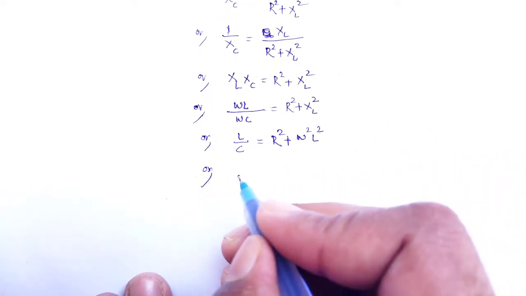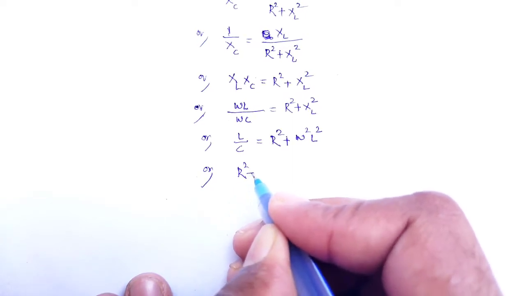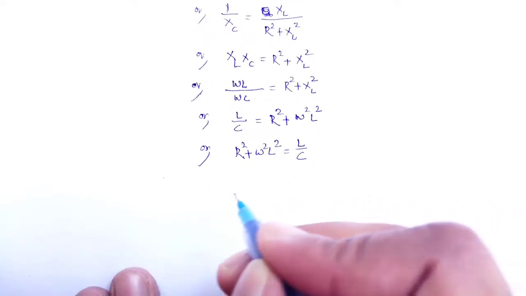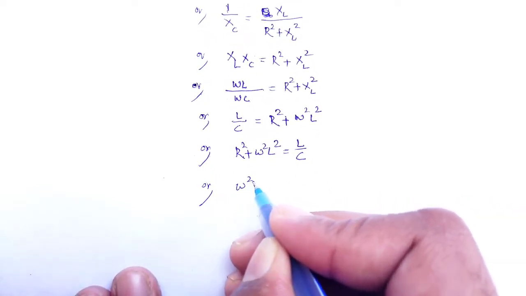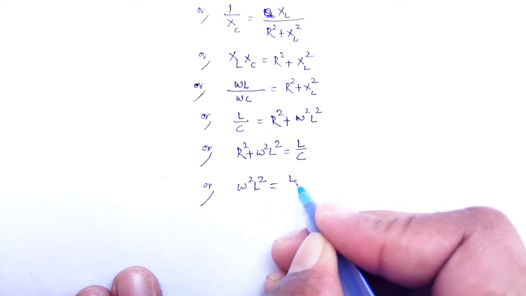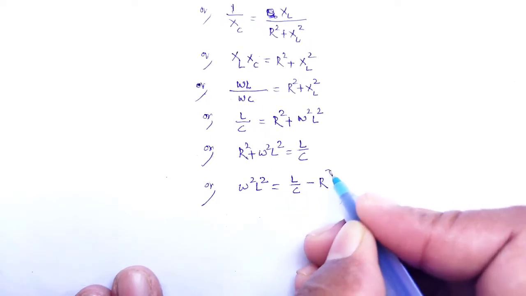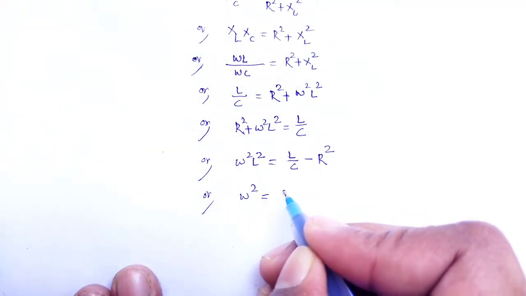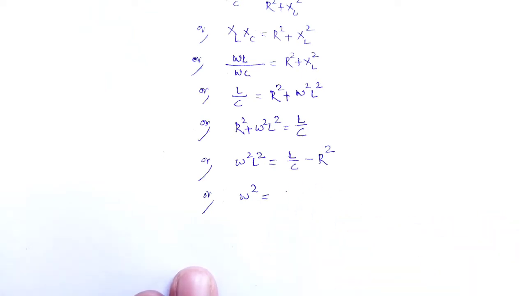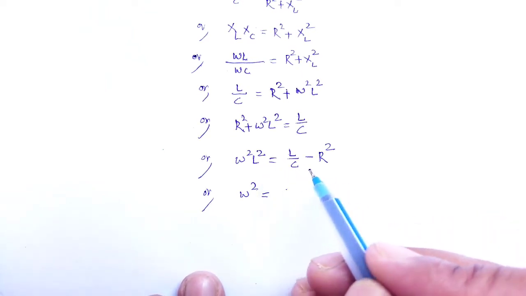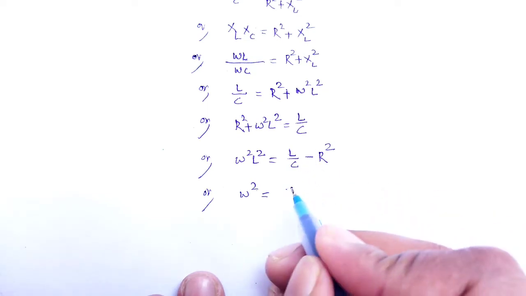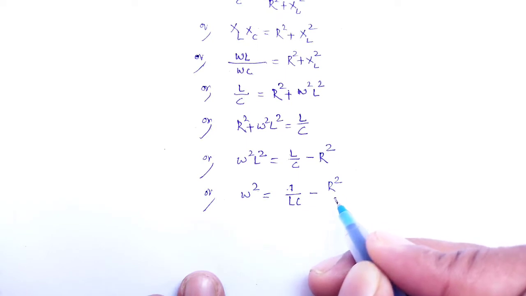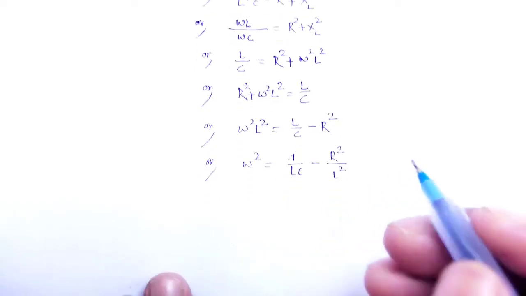or R square plus omega square L square is equal to L by C, or omega square L square is equal to L by C minus R square, or omega square is equal to, here L square is divided, so one L cancels out, 1 by LC minus R square divided by L square.